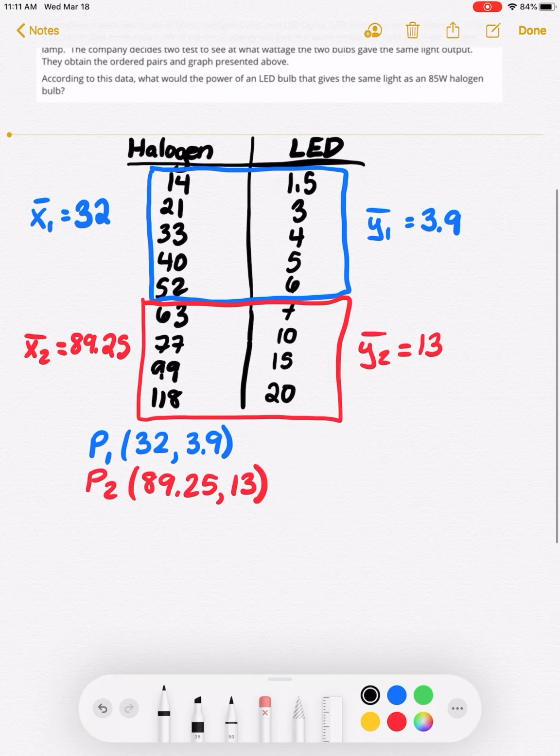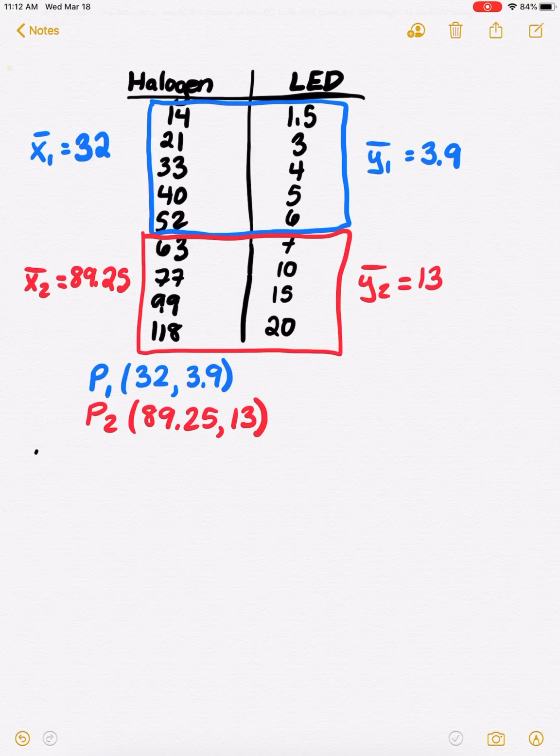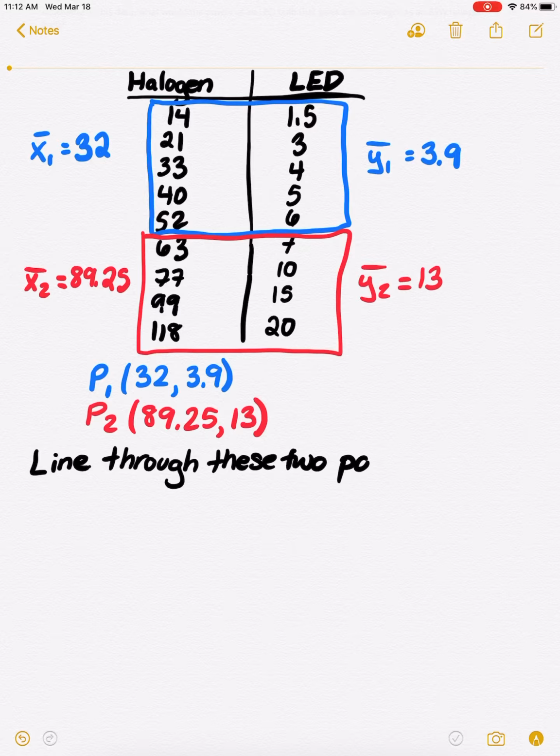So we want to find the line that goes through these 2 points. Two points give us the equation of the line. Well, we can maybe first find the slope.